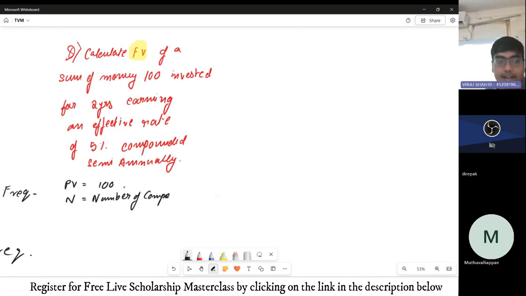PV is equal to 100, N is equal to number of compounding periods which is equal to 2 into कितना कंपाउंडिंग है, सेमी एनुअल कंपाउंडिंग है, तो नंबर ऑफ हाफ ईयर्स कितना होता है 2 into 2 which is 4 half years.